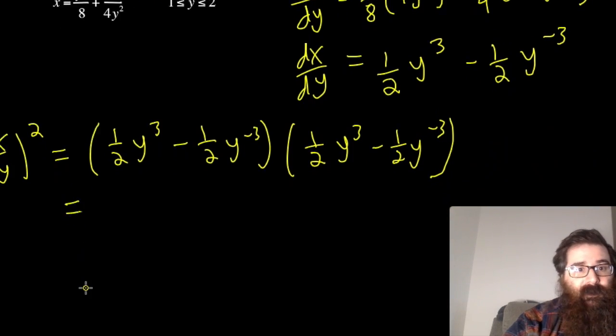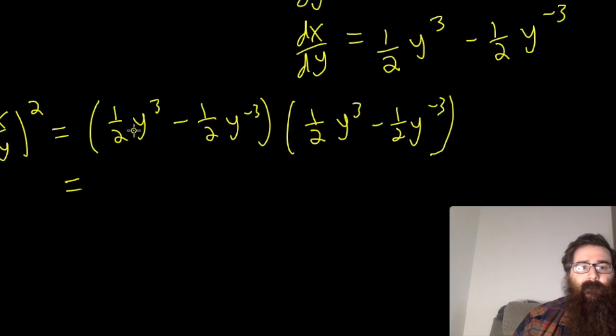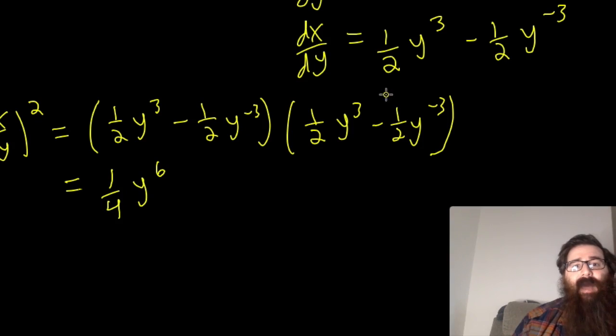We're foiling this out. First, 1/2 times 1/2 gives us 1/4, and y cubed times y cubed gives us y to the 6th. For the outer and inner terms, and I'm going to get two of the same thing, 1/2 times negative 1/2 gives me a negative 1/4, but then y cubed times y to the minus 3 cancels.